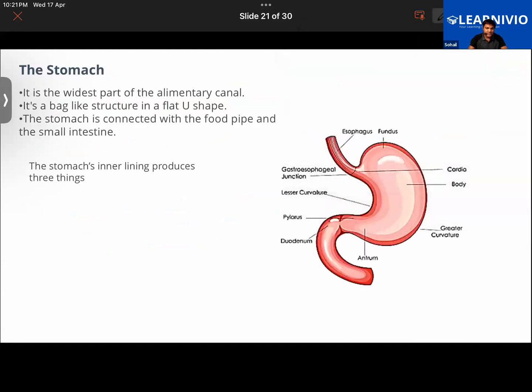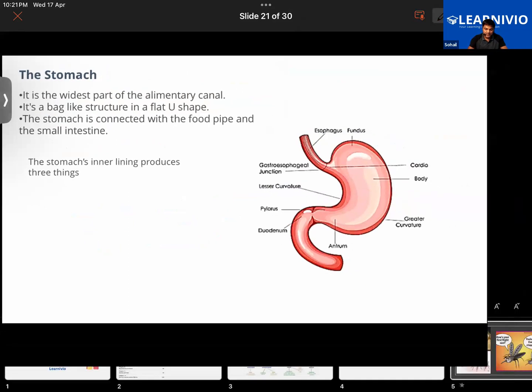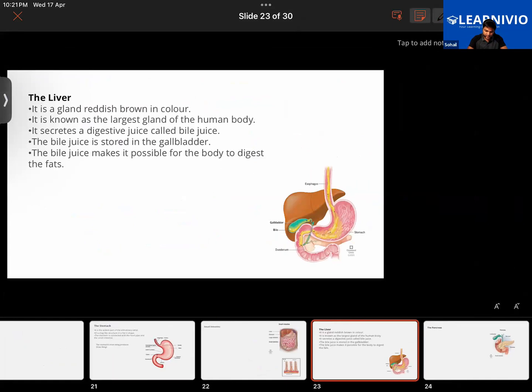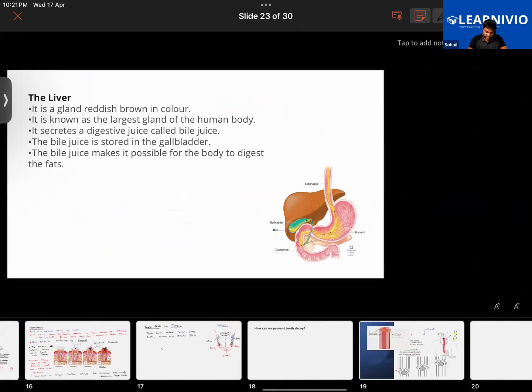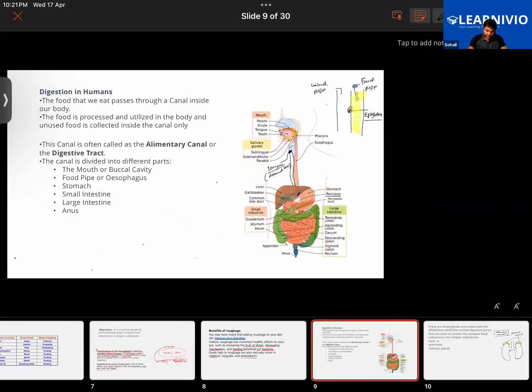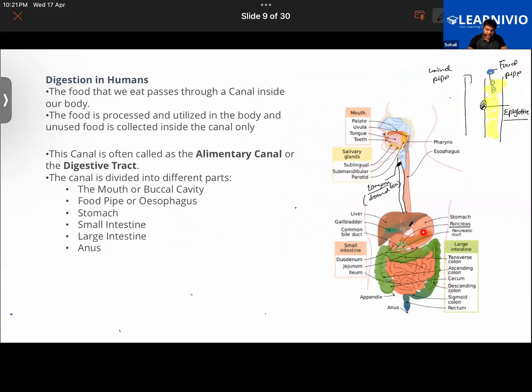Now let's talk about the stomach. If you look at the width of different parts of the alimentary canal, in this image you can clearly observe that the stomach is the widest of all. I'm not talking about glands, like the salivary glands, the pancreas or the liver. I'm only talking about the main part of the alimentary canal.